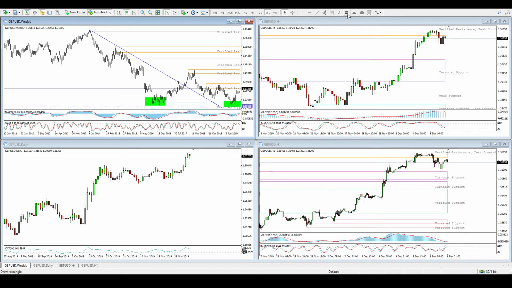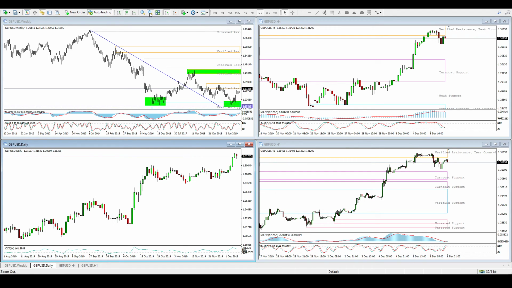So with pound dollar, I think we will be retesting 1.42 in weeks to come. Now let's look at daily to see what we want to do with this information on a daily basis.